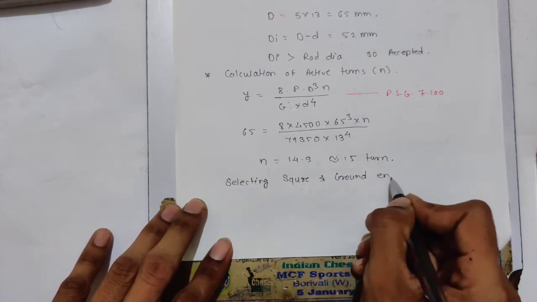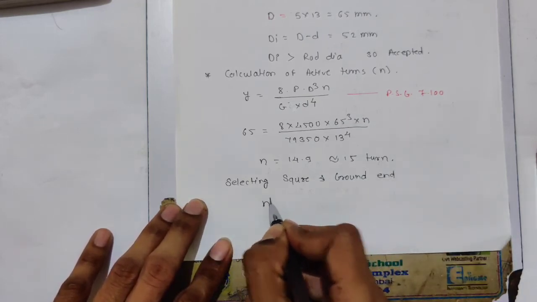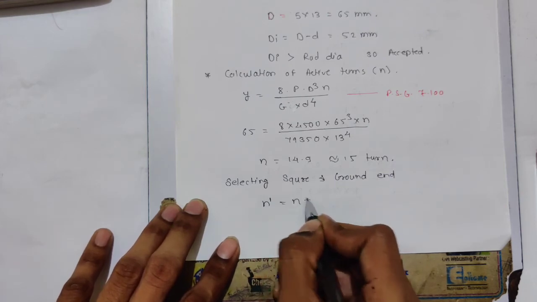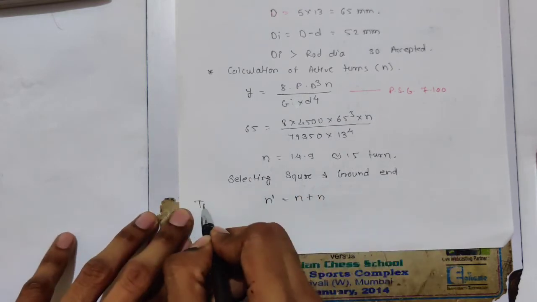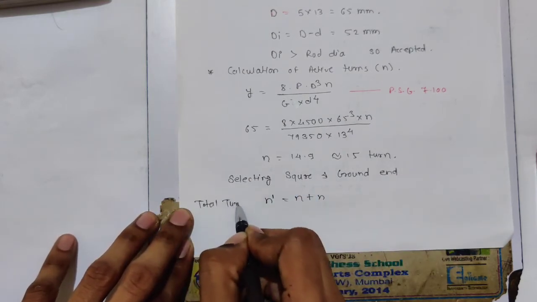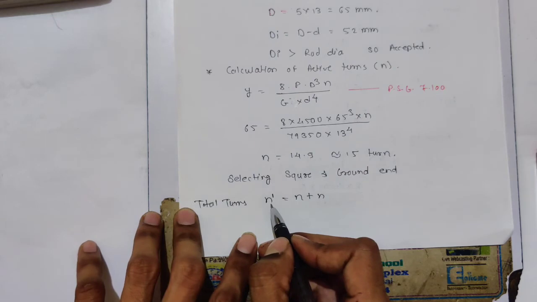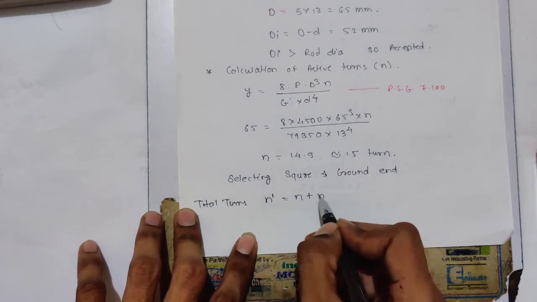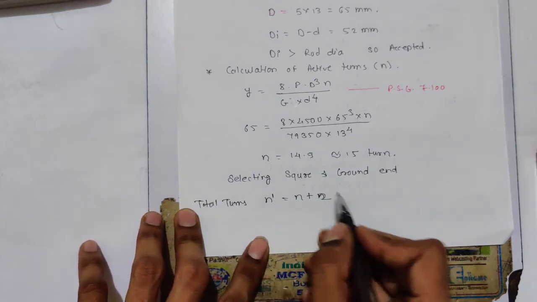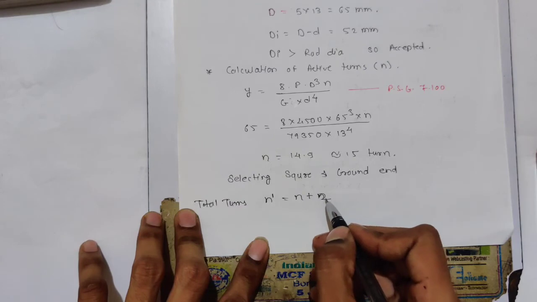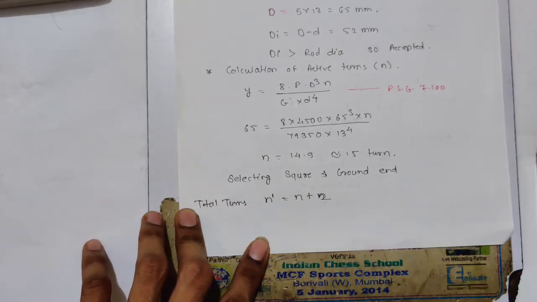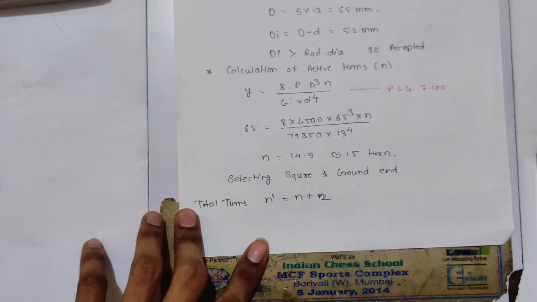end. So N dash is equal to N plus 2. N dash is nothing but total turns. What this means is it is having N active turns and 2 which are inactive, which are going to sit on the base.